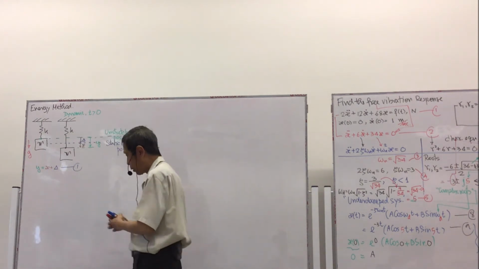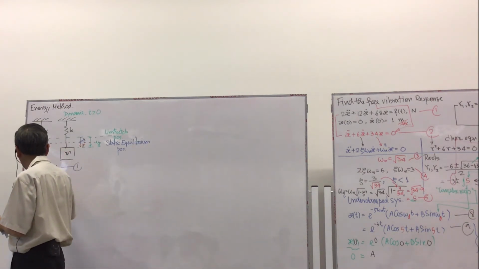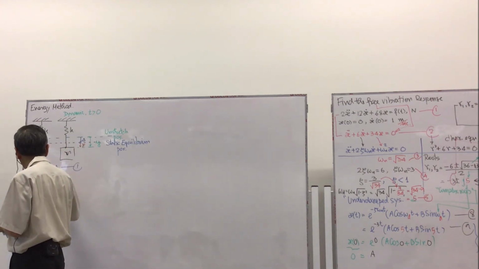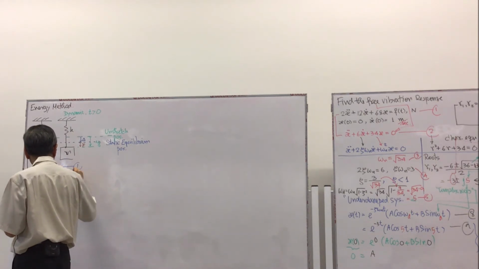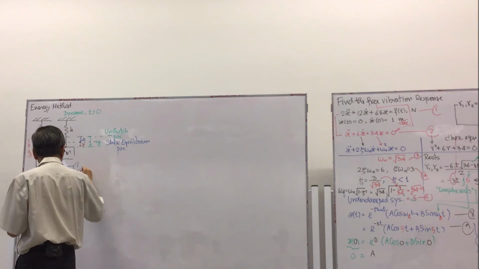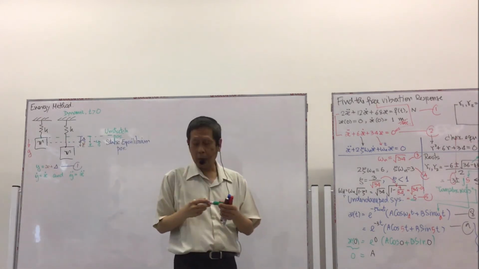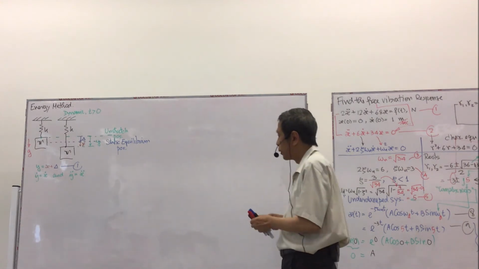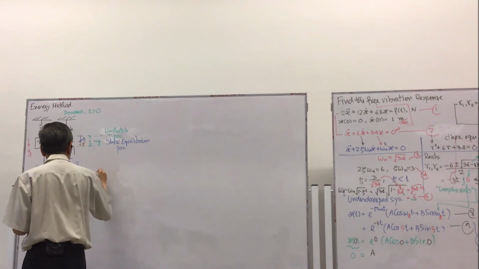If I take the derivative, y dot becomes x dot, and the second derivative y double dot becomes x double dot. Let's call this 2 and this 3.